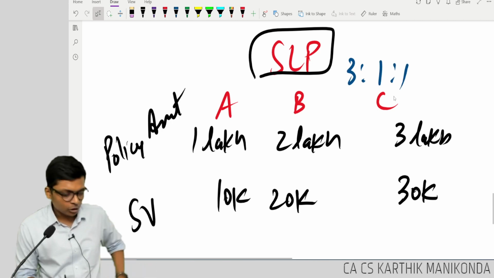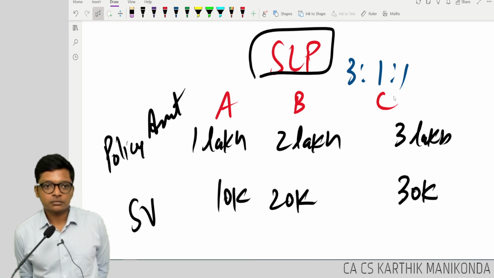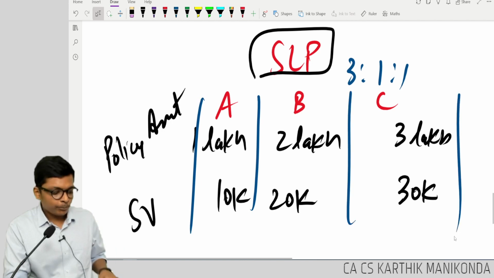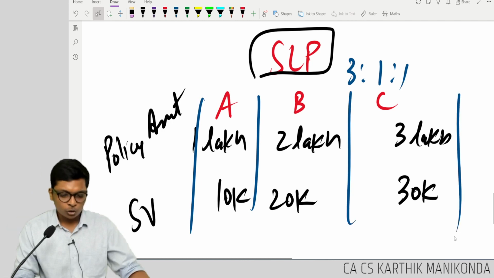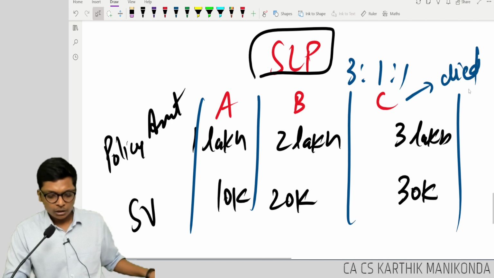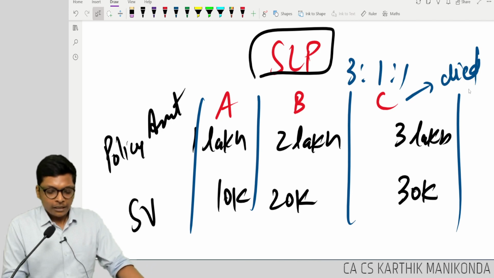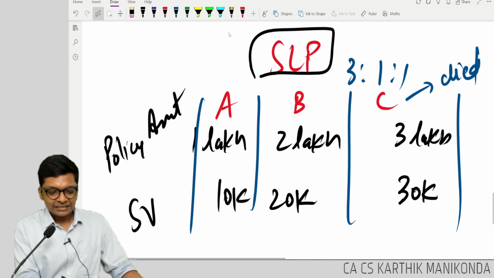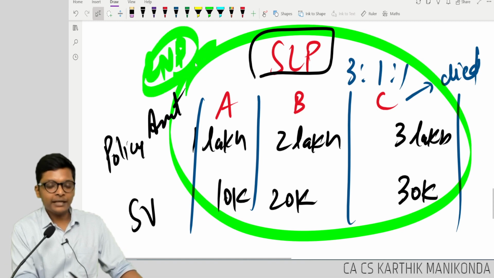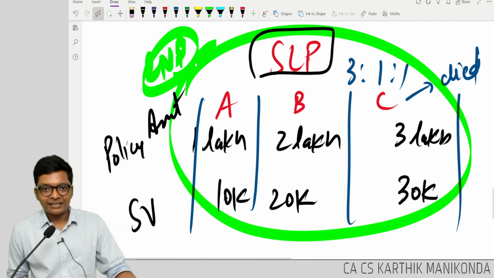This is how most sums also come. What do you mean by single life policy? Separately they have taken this policy, and in this question also C died. Okay, C died. So what happens when C dies? When one partner dies, the entire policy comes to an end. When one partner dies, all the three policies come to an end.